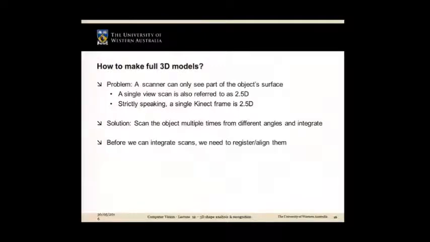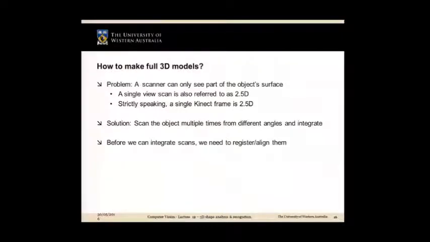Before we can integrate scans, we need to register and align them. When you capture an object from different viewpoints, let's say you're moving the scanner, your coordinate axis is changing. Your 0, 0 position is changing every time, so there is some sort of translation and rotation.